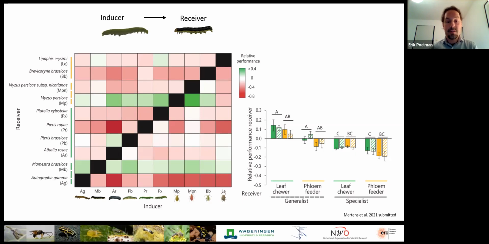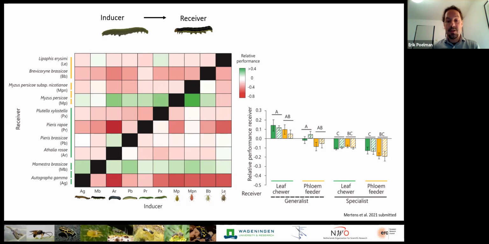And what you see is that we did a matrix here in different colors. At the bottom, you see the inducer. It's the first herbivore that we put on the plant. And the color gives the performance of the second herbivore that we call the receiver, on the y-axis.